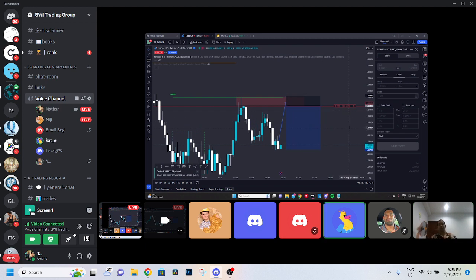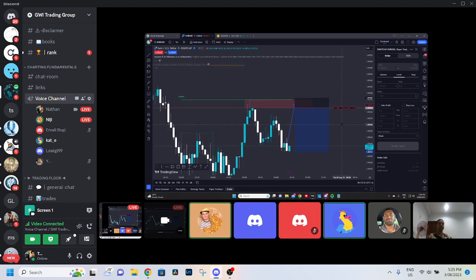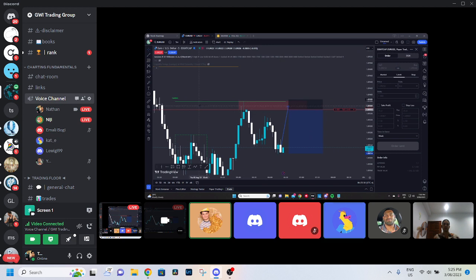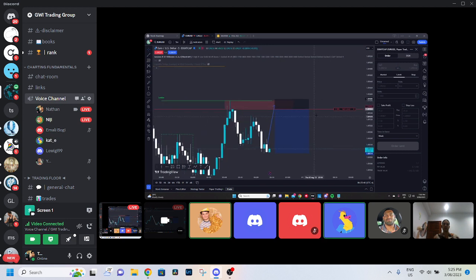So the problem with spread and getting slipped is this. Here on the screen, you can see I set a sell limit, which means that when price comes back up to touch this red line, I'll execute a sell order. So it's automatically going to execute when price gets there.